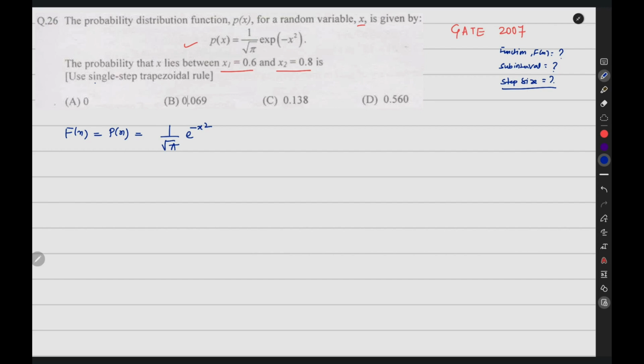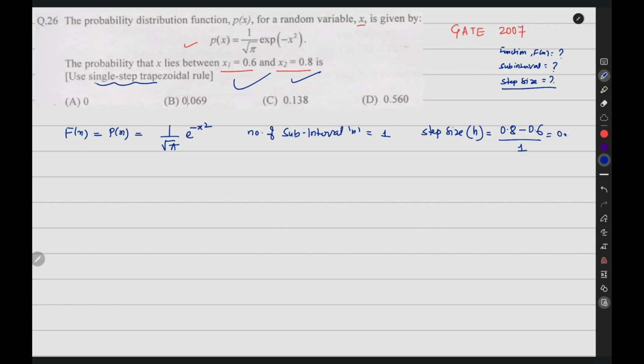In the question it is given that we have to use single step trapezoidal. So number of subinterval n equals to 1. Now the step size h equals to upper limit, that is 0.8, minus lower limit, that is 0.6, divided by number of subinterval, that is 1.